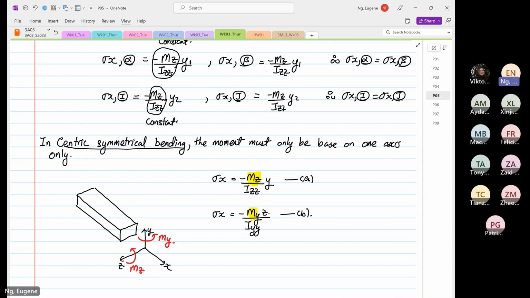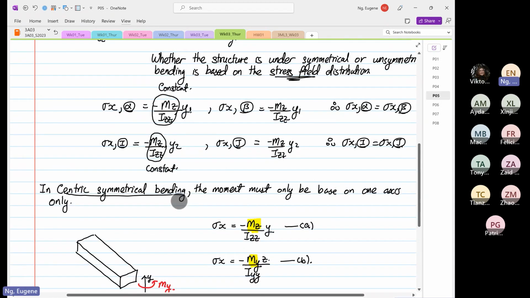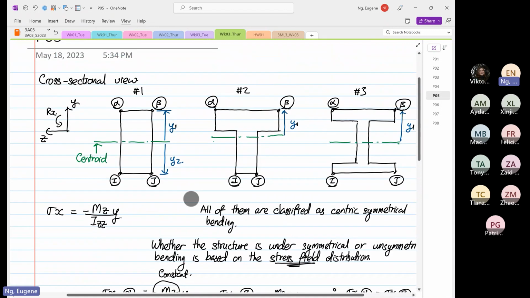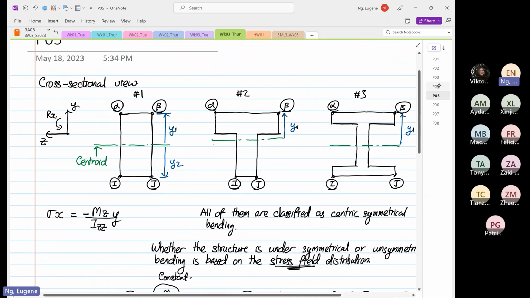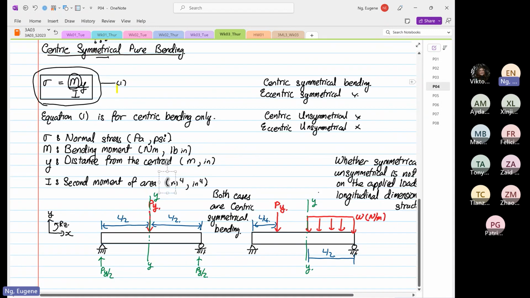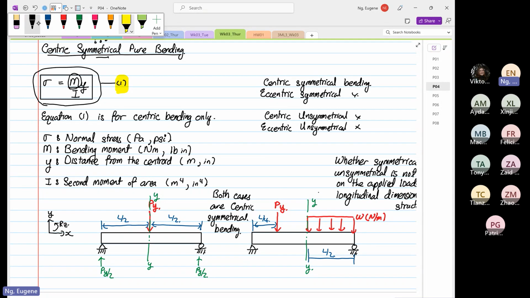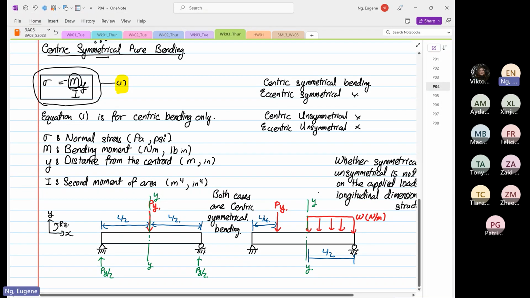Now, the next thing I want to do is elaborate on this formula over here. I'm going to elaborate on formula number 1, where stress, by right there's a minus sign down here, which is equal to minus My over I. Now, why the minus sign?